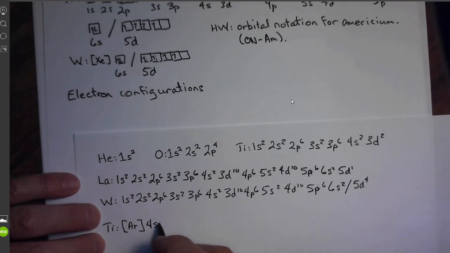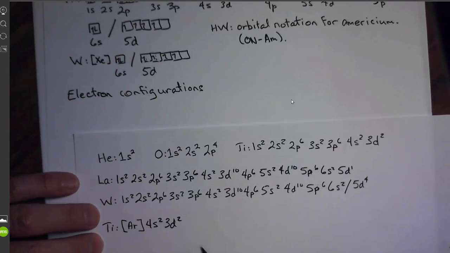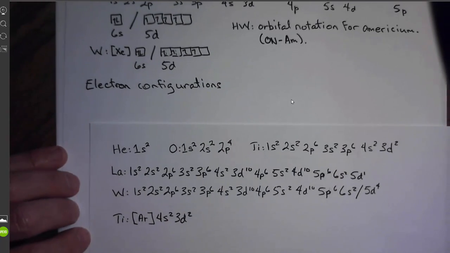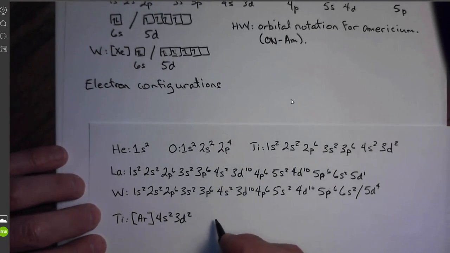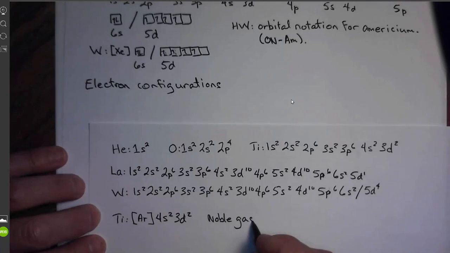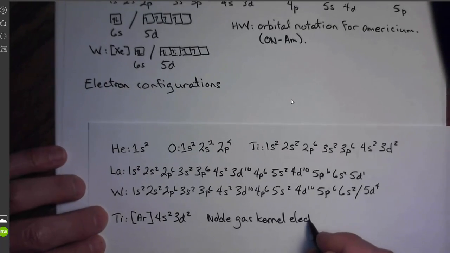So 4s2, 3d2. Okay? So this is an example of a noble gas kernel electron configuration.